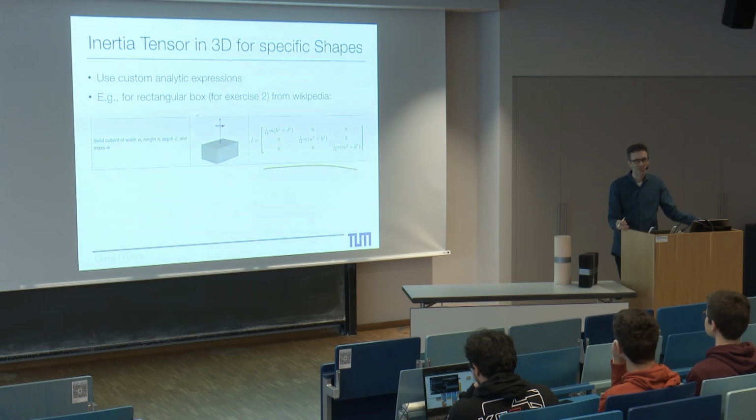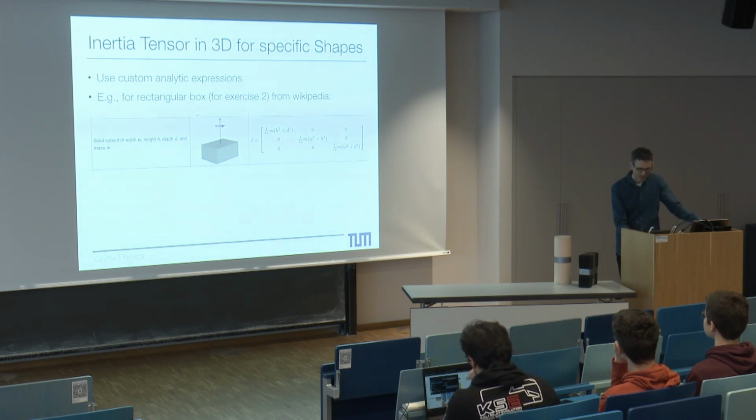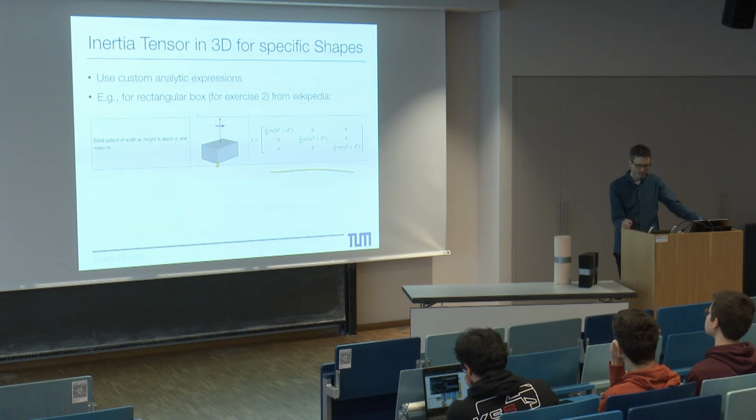Any thoughts? Should it be the same if I just apply the equation from the previous slide to the corner points and compare it with this one? Because it's actually not the case. People have tried this in the past in the exercise, say, well, we computed this with the other equation and suddenly we're getting a different inertia tensor than from the one we would get from this one.